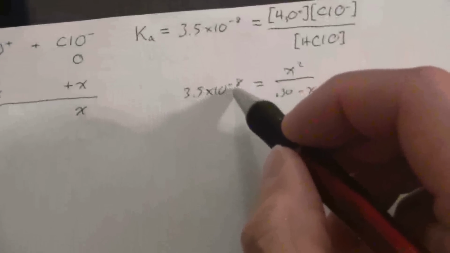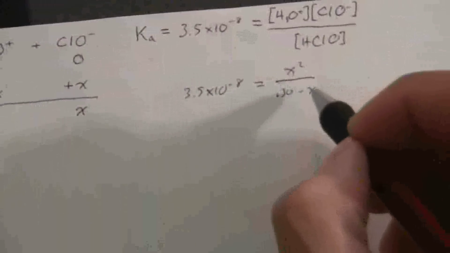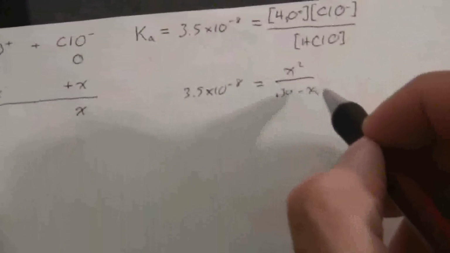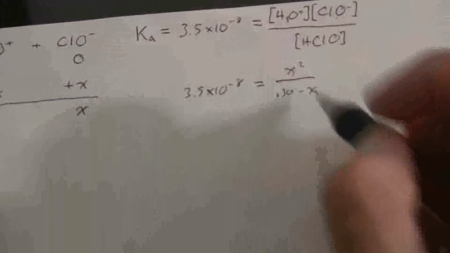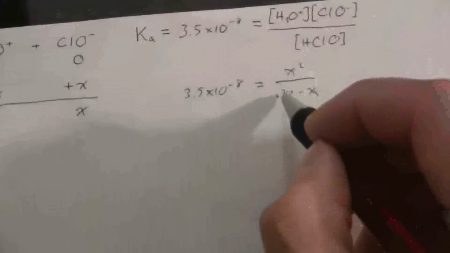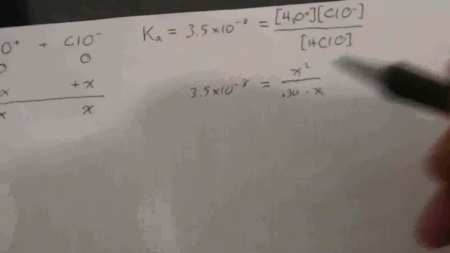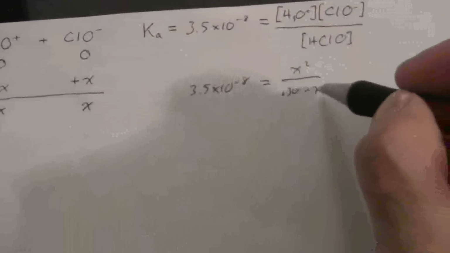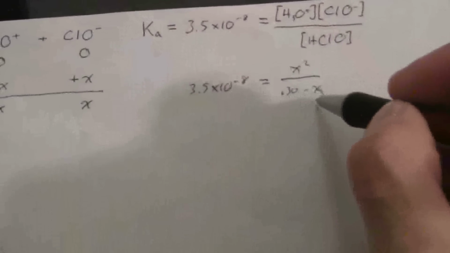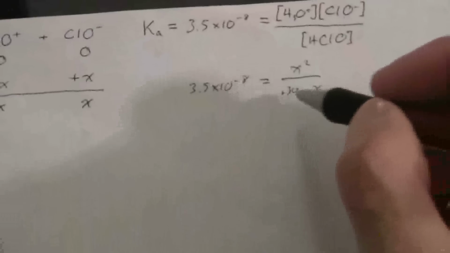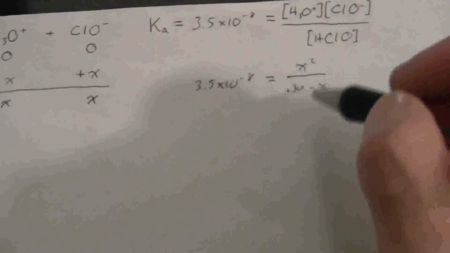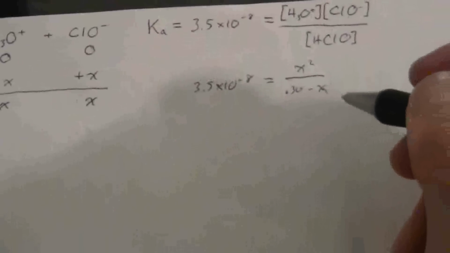We can just assume that because this value is very small, we're going to have a very small number for x. Since that would be very small in comparison to this 0.3, we can assume that if we remove just a tiny little bit from here, it's not going to make any significant difference.